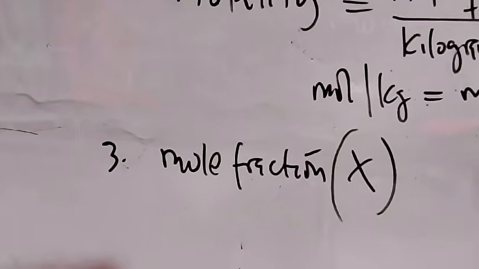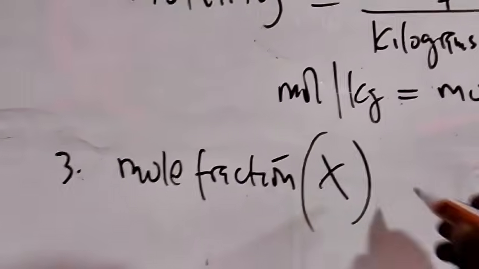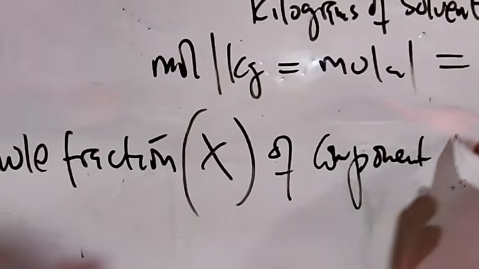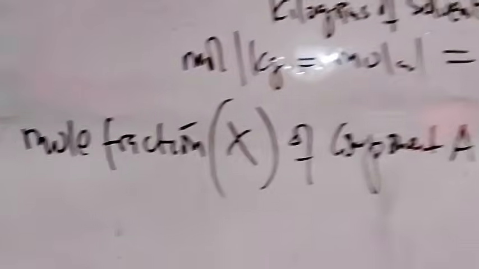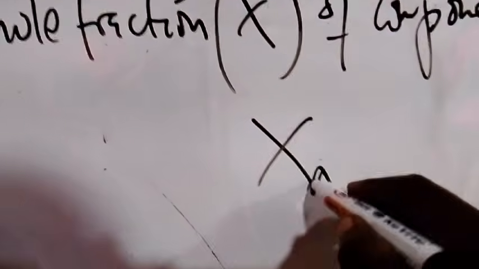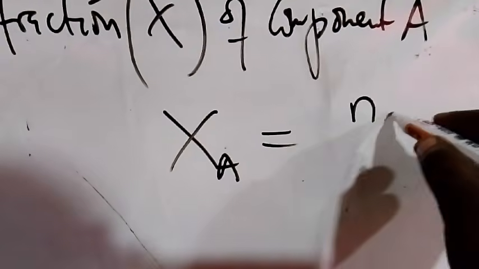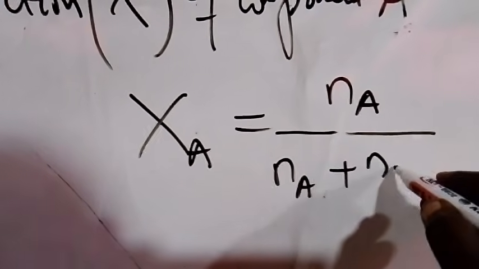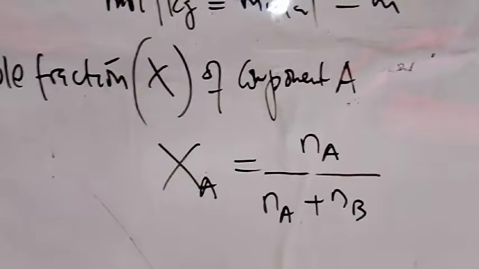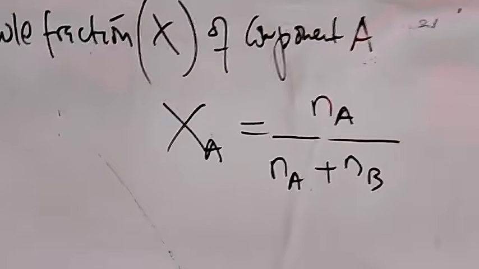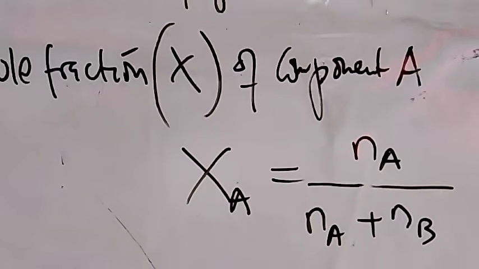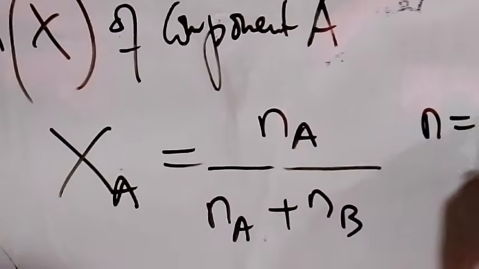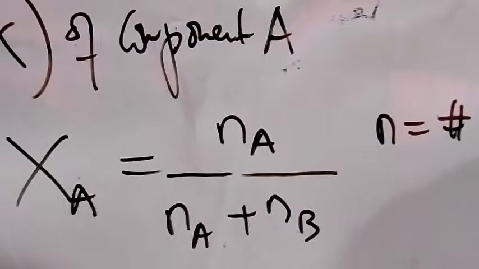The mole fraction of component A: chi A is equal to moles of A over moles of A plus moles of B, where n is the number of moles.